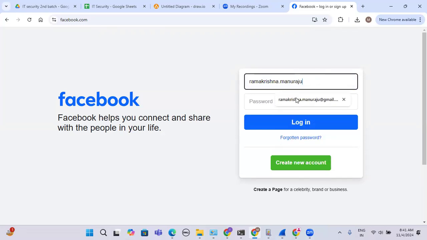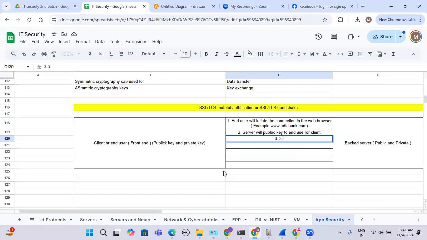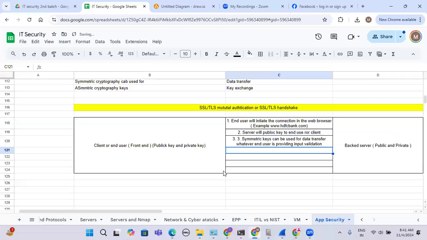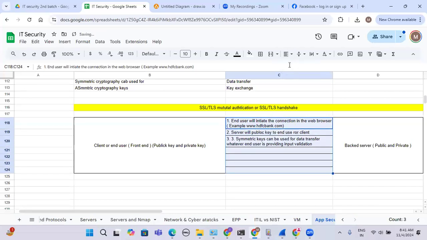So in the third and fourth steps, symmetric keys can be used for data transfer, whatever the end user is providing as input. In the second step, we have already seen that the public key is sent by our backend server.